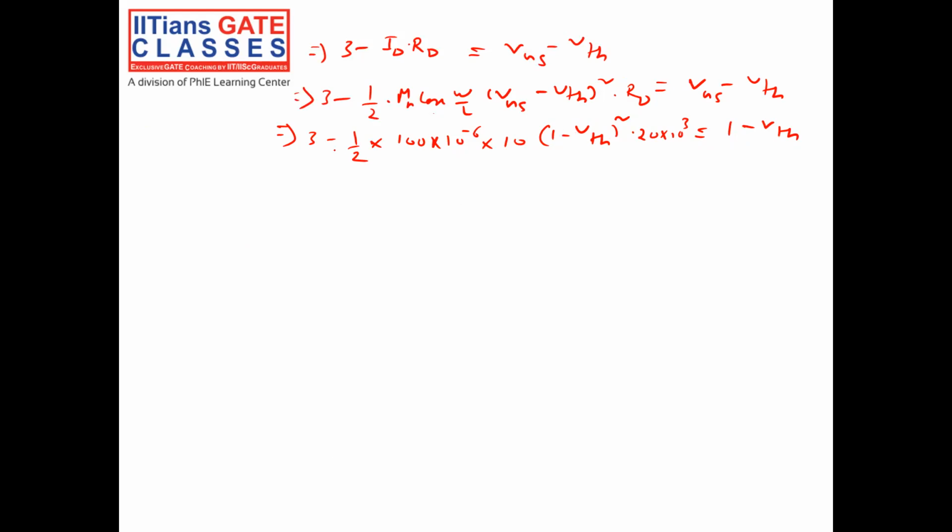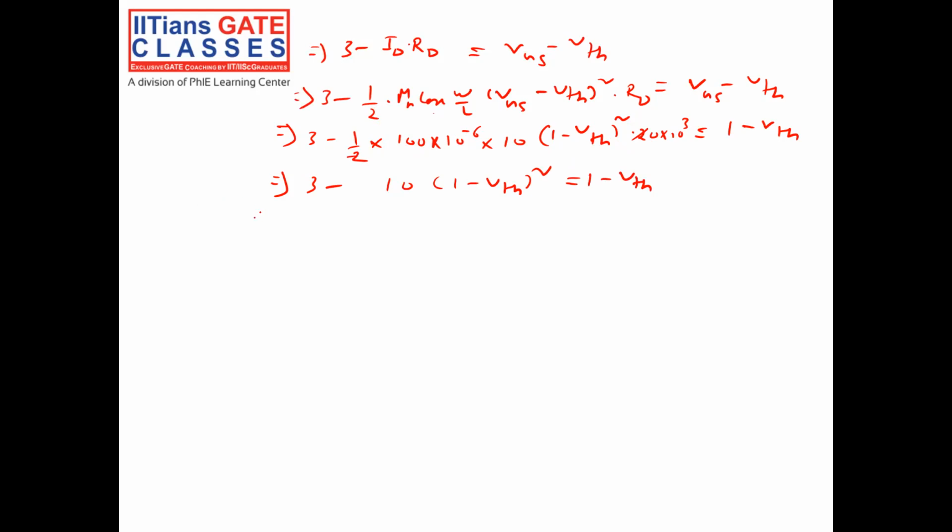So we can easily find out. So let us do it quickly. 3 minus, okay, if you see, half and 2 get cancelled, 10 to the power 3, 10 to the power 4... 10 to the power 6, 10 to the power 6, minus 6 get cancelled, so I will get 10 into 1 minus VTH whole square, okay, is equal to 1 minus VTH.